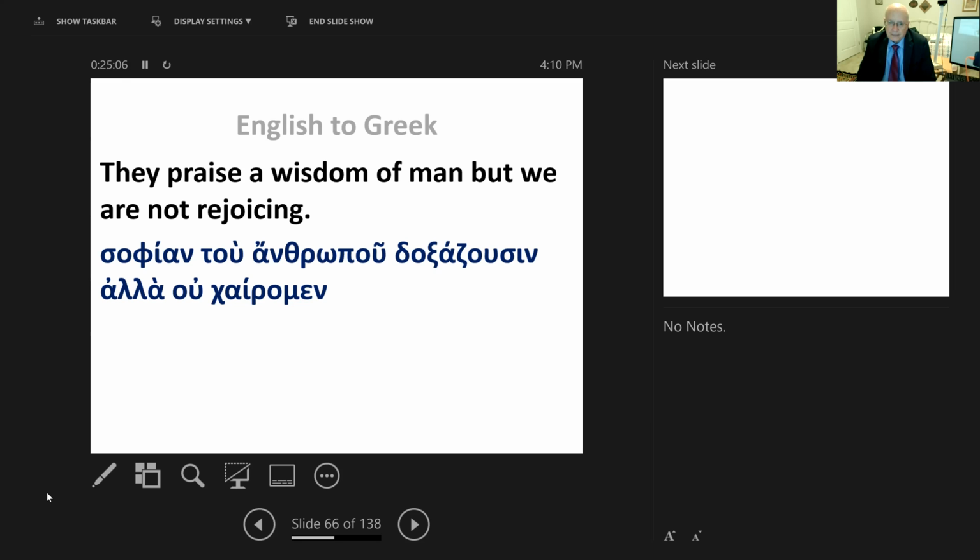Now, Dr. McIver mentions the fact that if you're translating ou chairomen with the simple present, you have to add the English word do or does. So if we use the simple present in English: they praise a wisdom of man, but we do not rejoice. We have to add the helping verb do or does in English if we have a simple present.